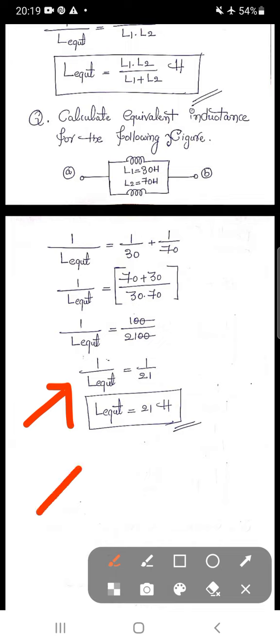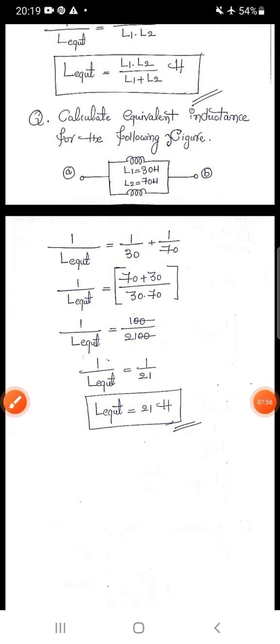So L equivalent is equal to 21 Henry. Like this, we can easily find the equivalent inductance for the series connection of inductors as well as the parallel connection of inductors.